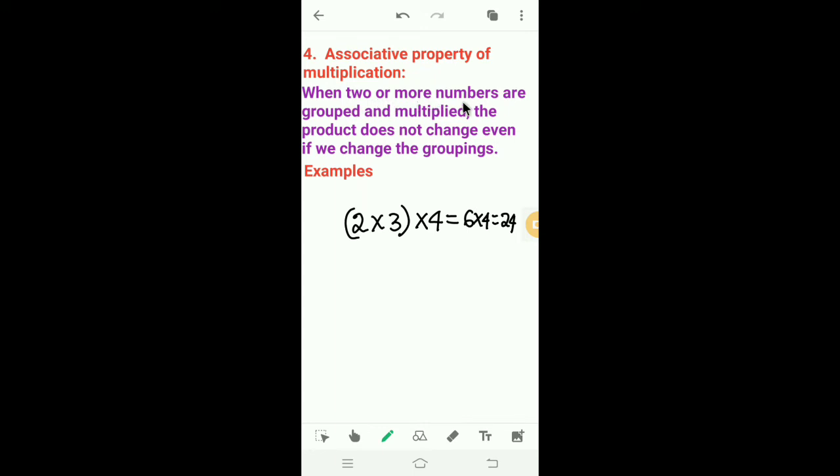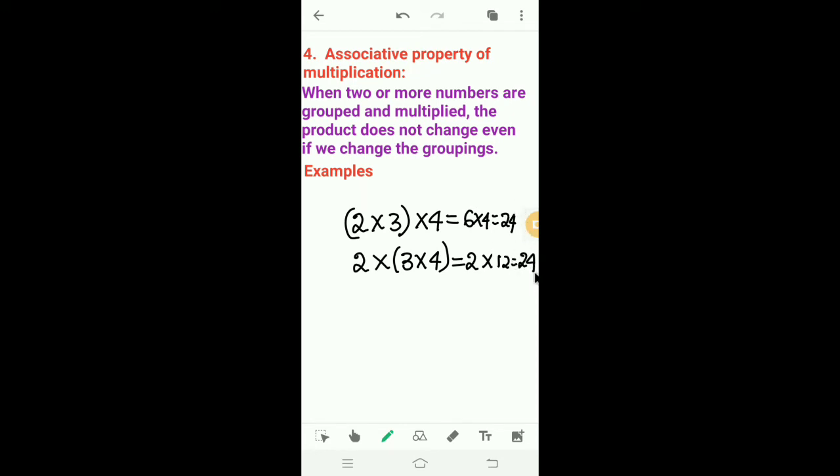When two or more numbers are grouped and multiplied, the product does not change even if we change the groupings. 2 into, here 3 multiplied by 4 in one group, then the product is 2 into 3 into 4. 3 into 4 is how much? 3 into 4 is 12. 2 into 12, 24.